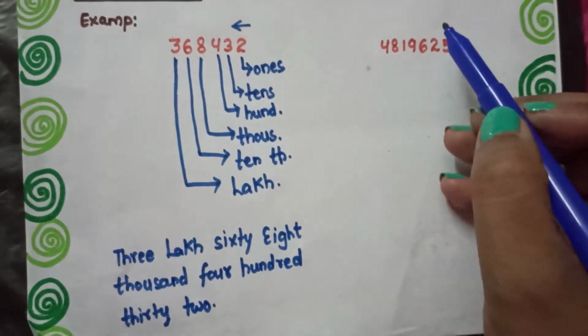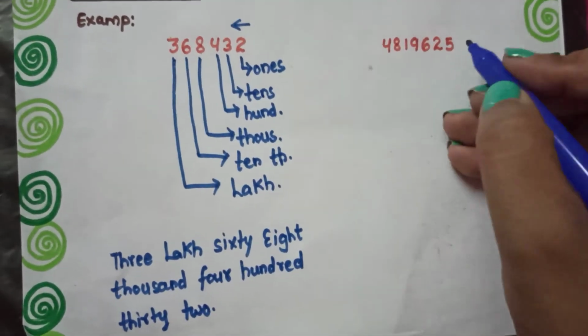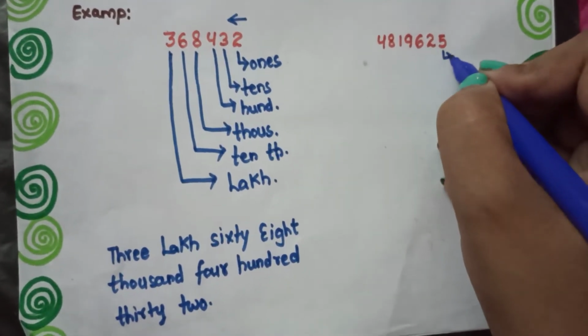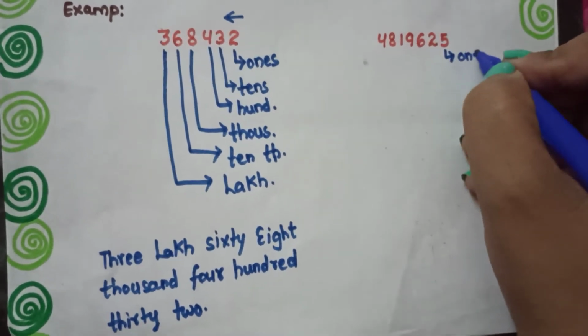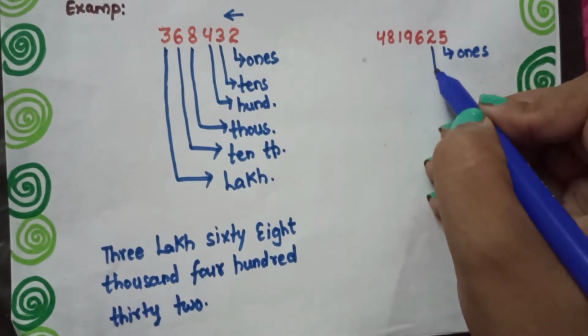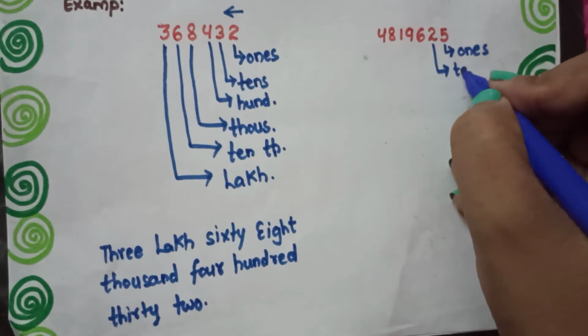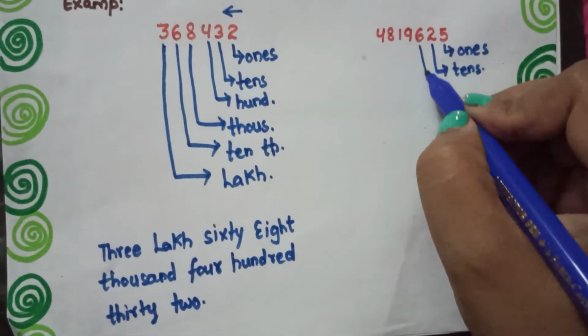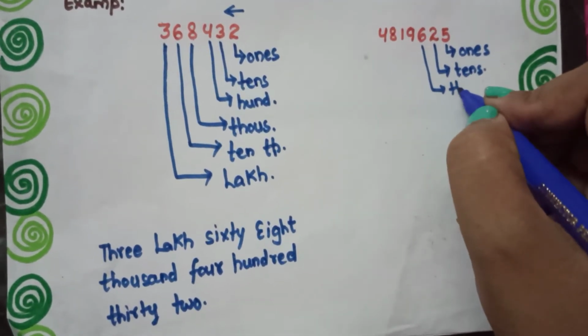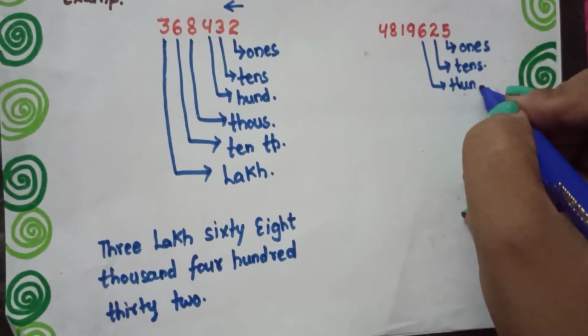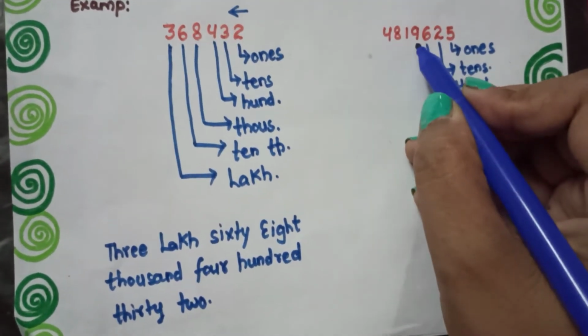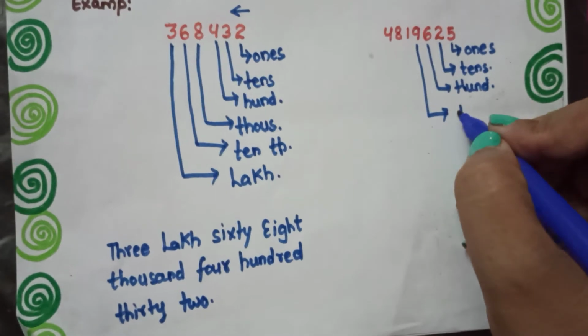Let me explain this example also. Now again, this digit is placed at ones place. Then this one is at tens. Then this one is at hundreds. Then this one at 1000.